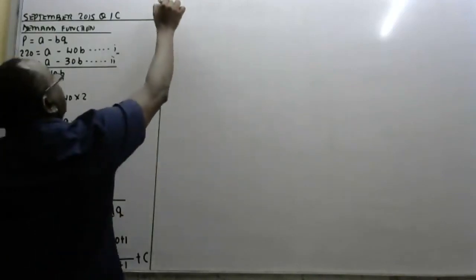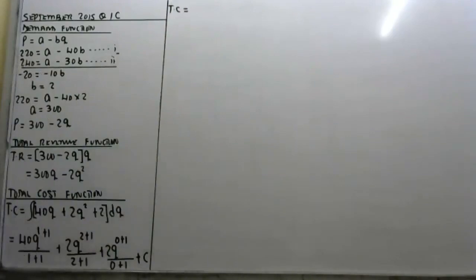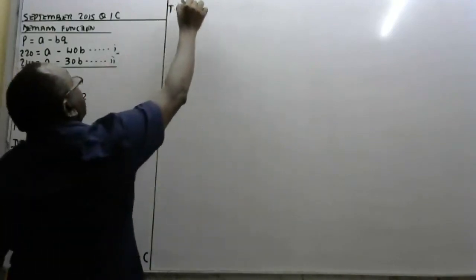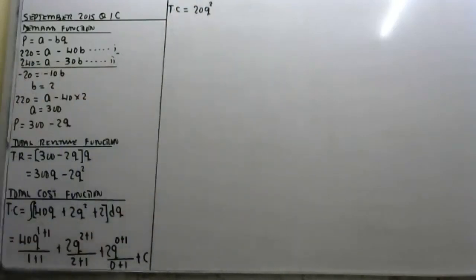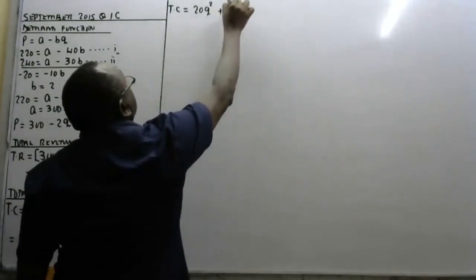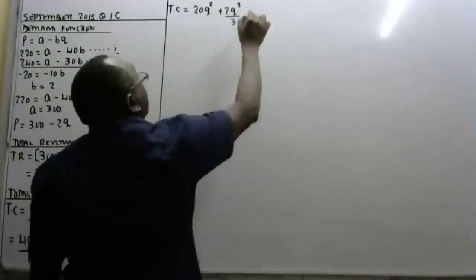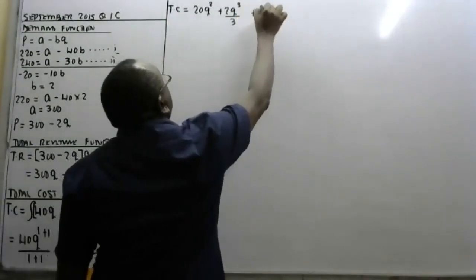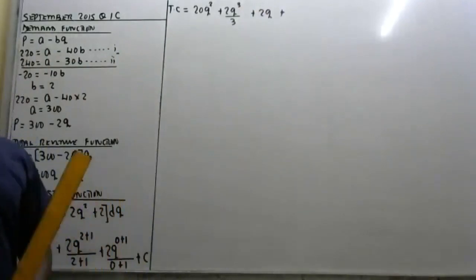So the TC here will now open up as this one. You divide, you get 20Q squared plus 2Q cubed out of 3 plus 2Q plus C. C is the fixed cost.